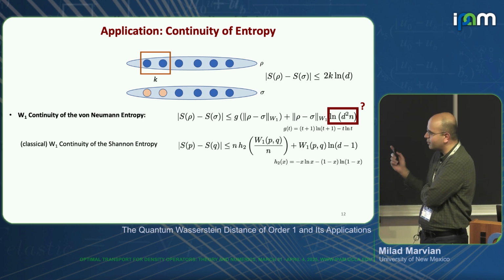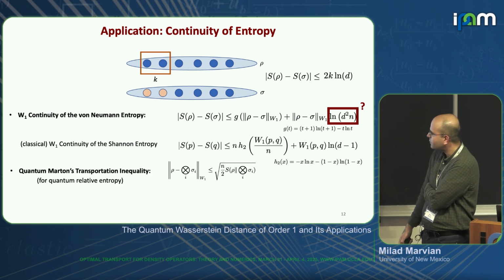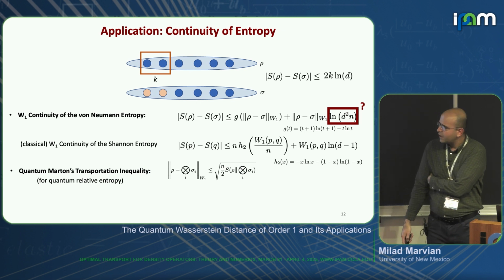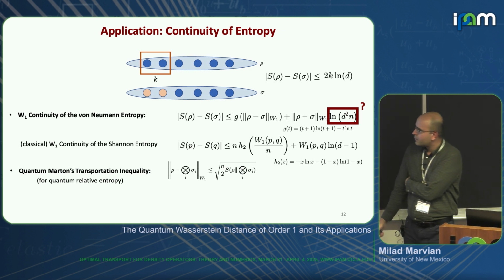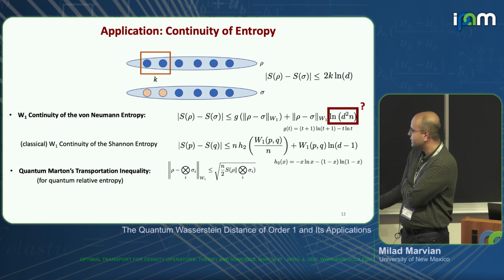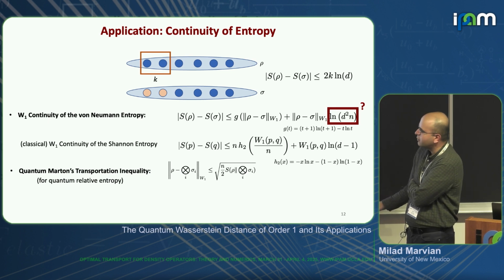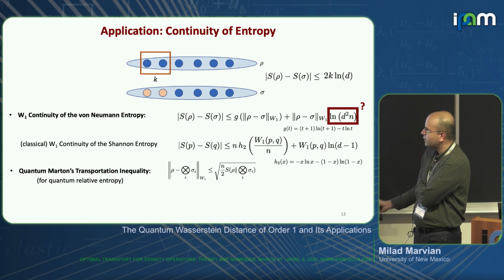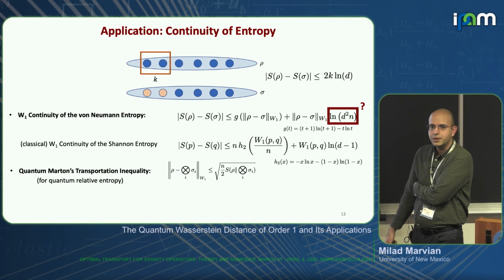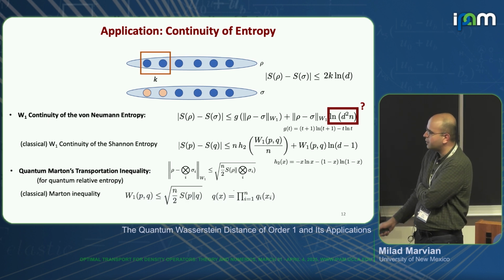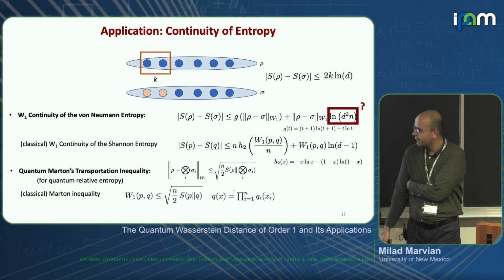Okay, so it's an open problem that I wanted to mention. You can define a quantum Martin's inequality, which basically relates the W distance to relative entropy. And basically, you can perfectly recover the classical version of that.